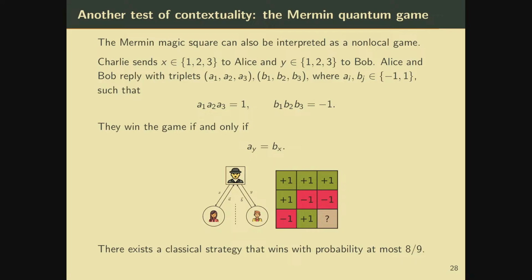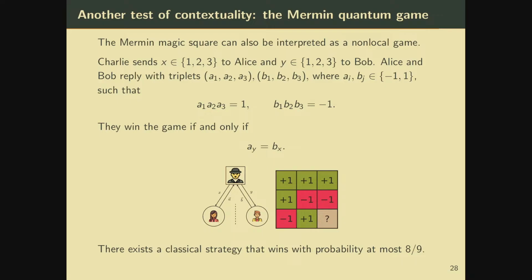And here, this square satisfies all the constraints, +1, +1, +1. But here we have a problem. We cannot find a value that satisfies the constraint for both of them. So you win this game with this strategy, but not if you get these questions. So you win the game with probability 8/9.